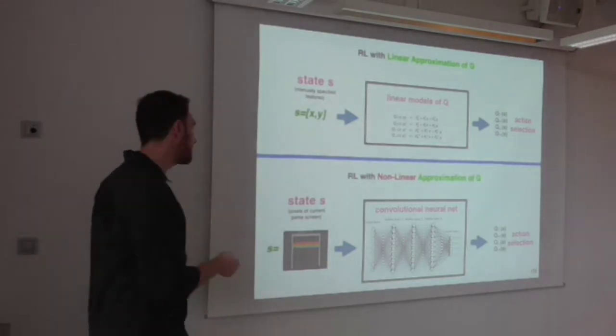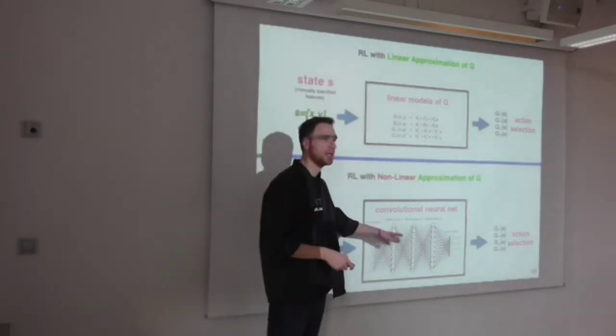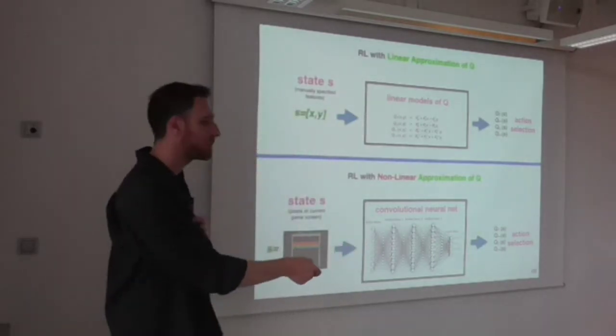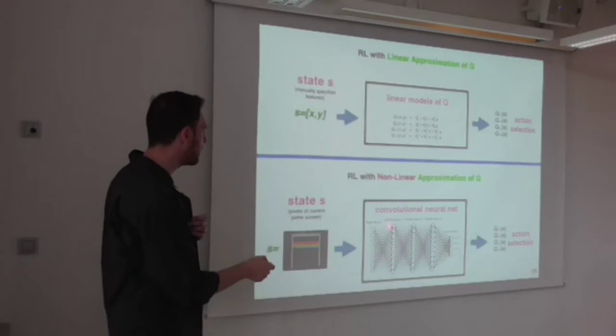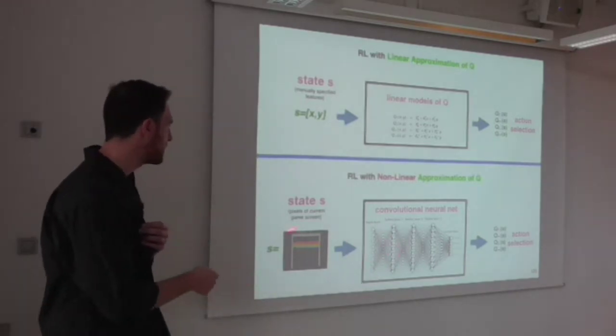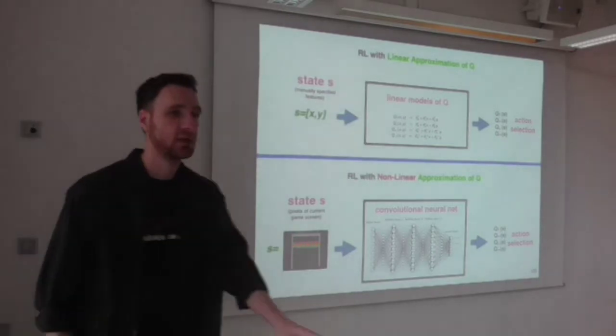So every time that you have images or sounds, these convolutional neural nets learn these filters that make it easier for you to come up with the right outputs. So what kind of filters do you think a convolutional neural net would learn when processing game screens like this?